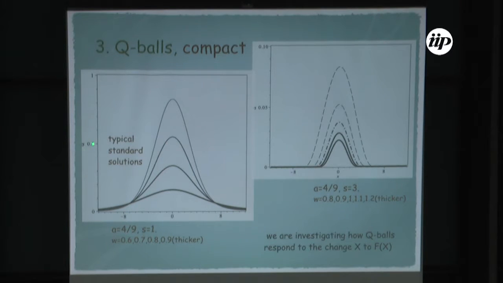This is 1/2 here. This is much lower, so this solution would be here. So they are much, much smaller. It's a compactifying solution, so you have compactified Q-balls.